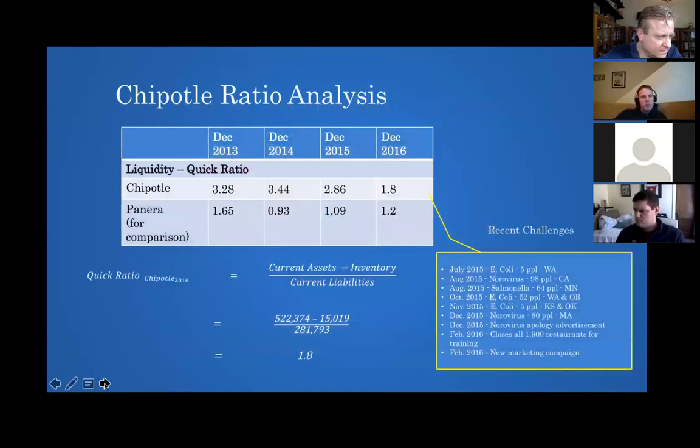All right, so here I'm just giving a basic check on how we do the calculation. As I mentioned, it's your current assets minus the inventory divided by the current liabilities. So taking the numbers from the balance sheet, we end up with a quick ratio of 1.5.